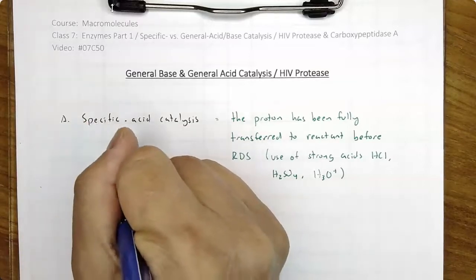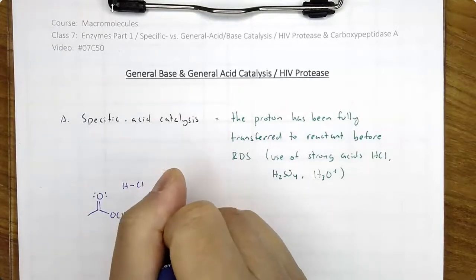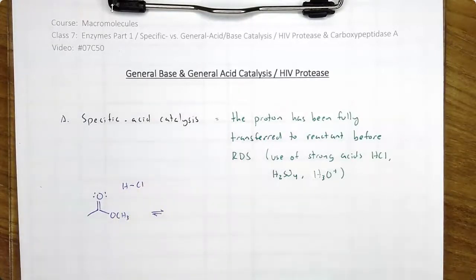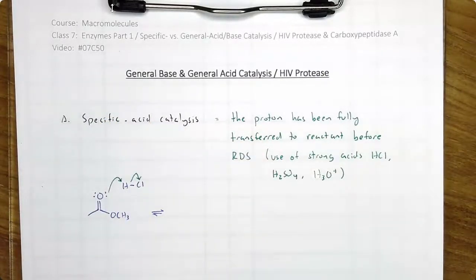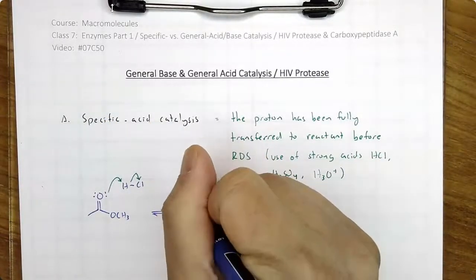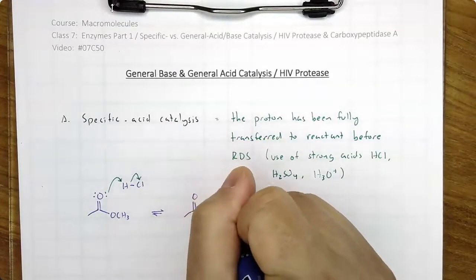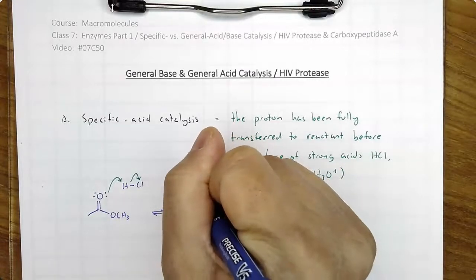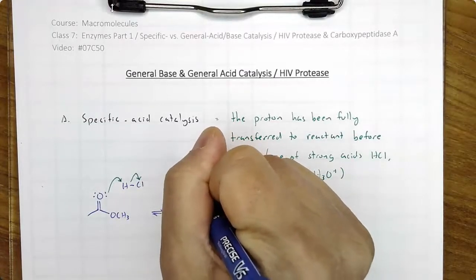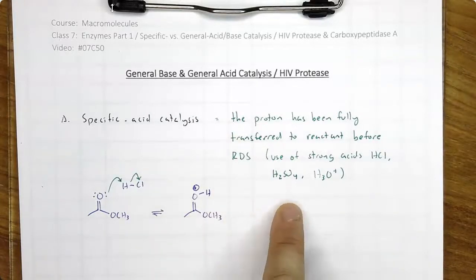Let's use, for instance, HCl. So there's your transfer. Nothing special. This is how you would hydrolyze an ester anyway, using specific acid. In this case, HCl, but you've seen it done with H2SO4 and H3O+.